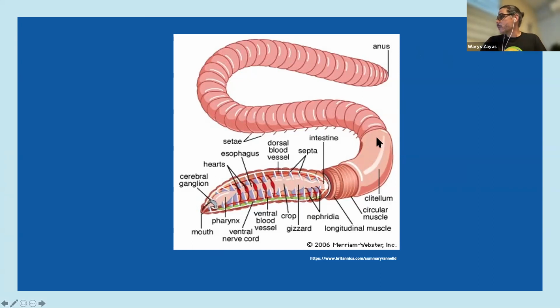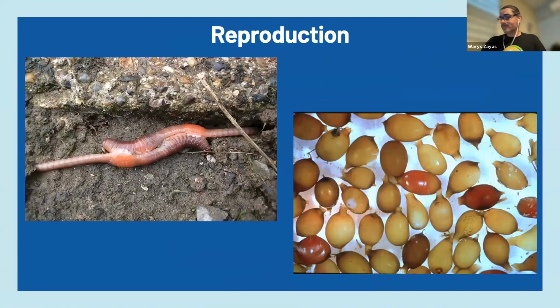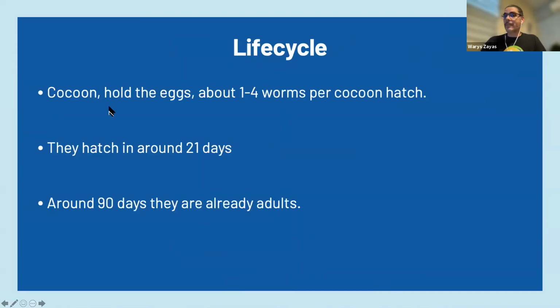Once it has collected all of this, it will start to produce the cocoon. The cocoon will have all the eggs inside and will come out of the body of the earthworm by the head.